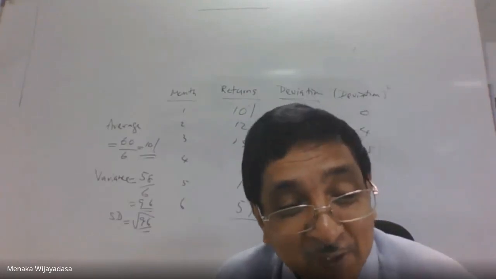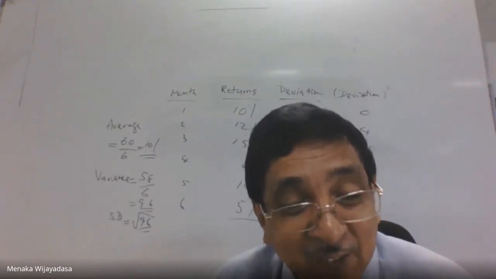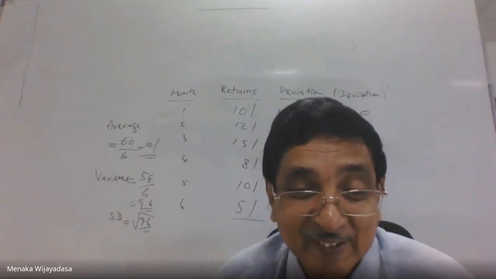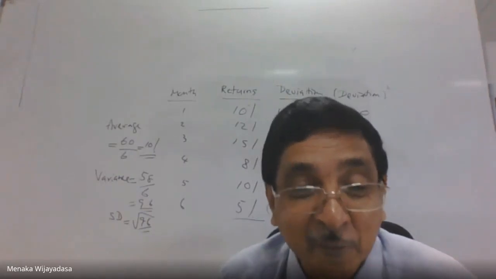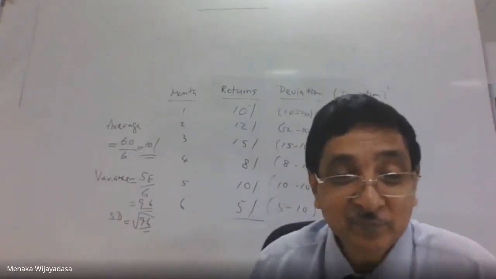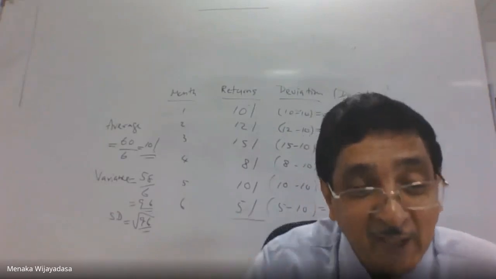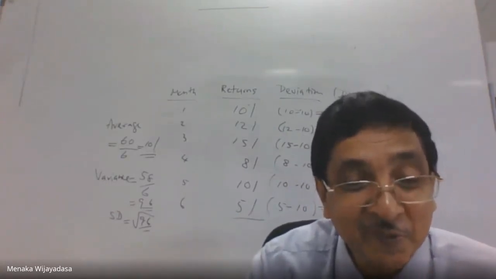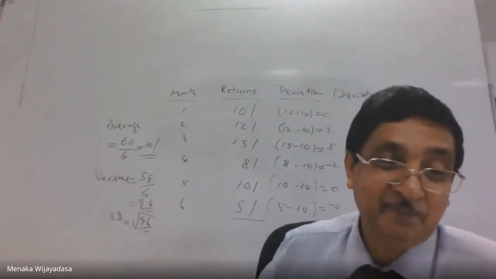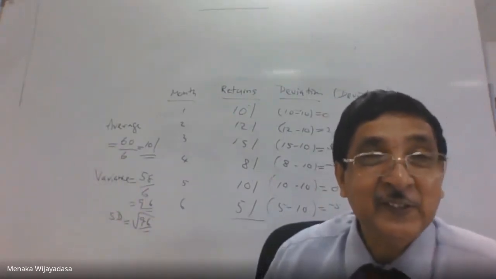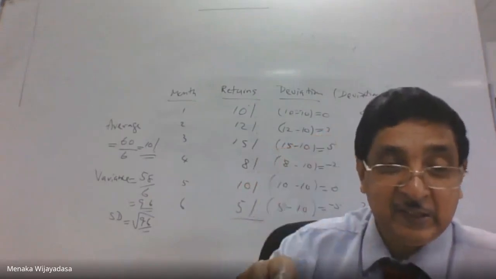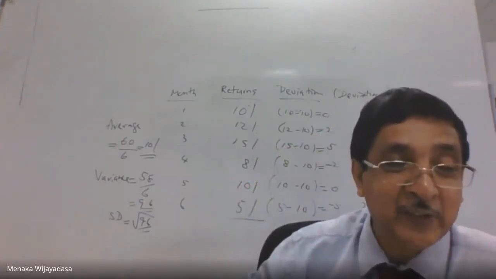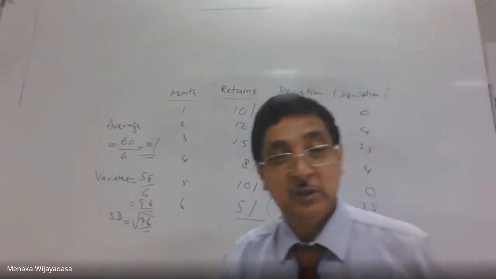Then if you have 0 deviations, we can't do anything. We can't get any figures. Because of that only, we square it. Now when you square, minus things also will become positive. Then you get a figure. Right? So this is the implication of these calculations.